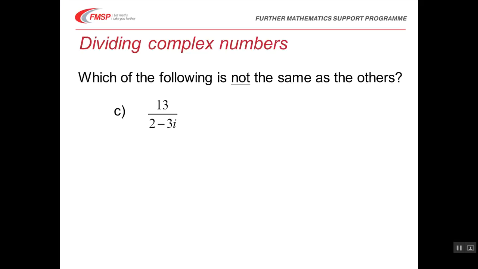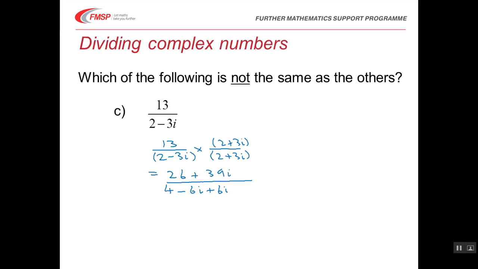If we just check this last one to see what we get, we've got 13 over 2 minus 3i. We want to rationalise it, so we're going to multiply top and bottom by the conjugate of 2 minus 3i. And see what happens. We get 26 plus 13 times 3i, 39i, and the denominator is 2 2s are 4, minus 6i, plus 6i, minus 9i squared, and i squared is minus 1.